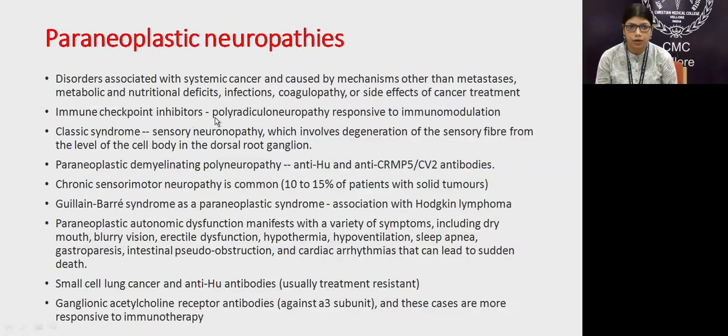Now with immune checkpoint inhibitors, they can also present as a polyradiculoneuropathy. In the setting of Hodgkin lymphoma, a very rare presentation of GBS can occur, and they can present also as a pure autonomic neuropathy with antibodies against the alpha-3 subunit of the acetylcholine receptor. Again, we must remember that in the correct clinical setting with neuropathy involvement, we should be considering this. These per se are very, very rare presentations of the disorders.